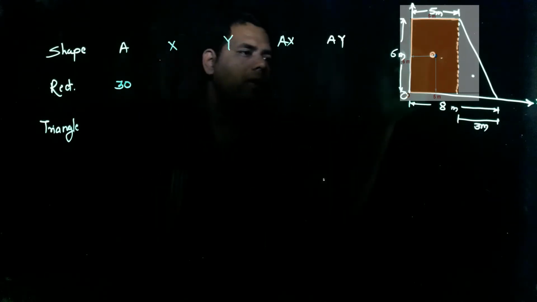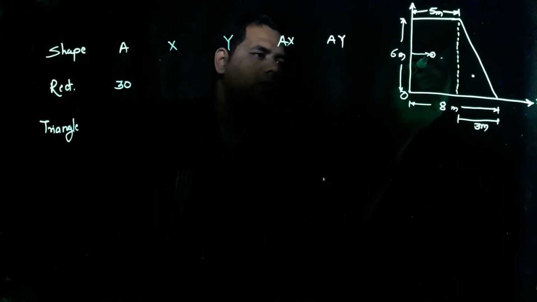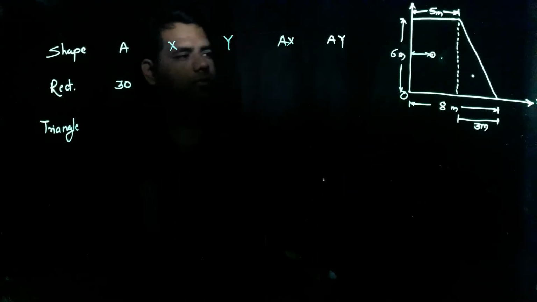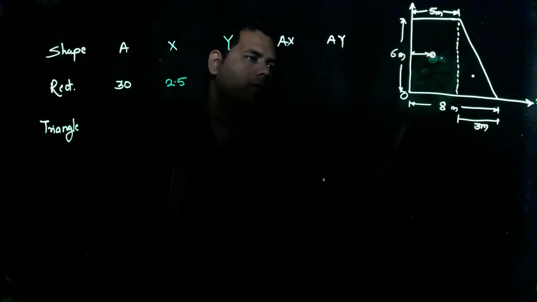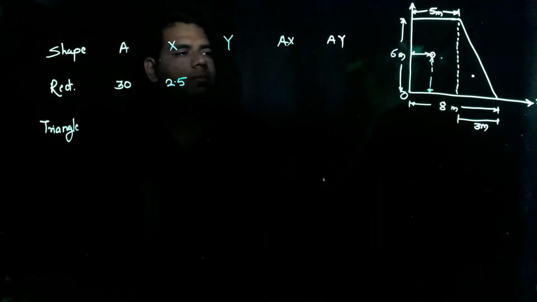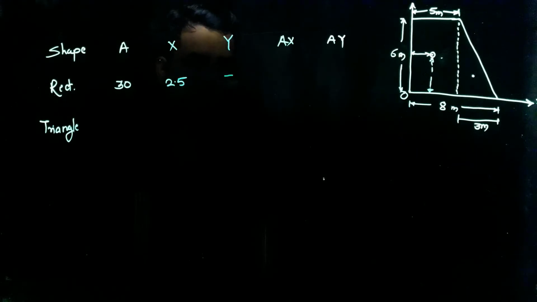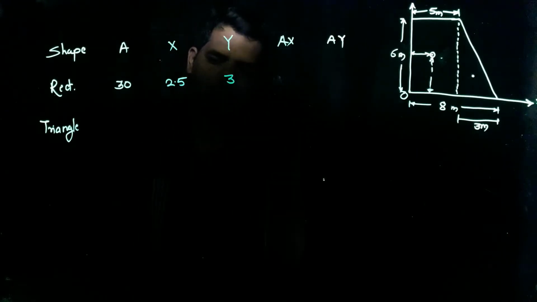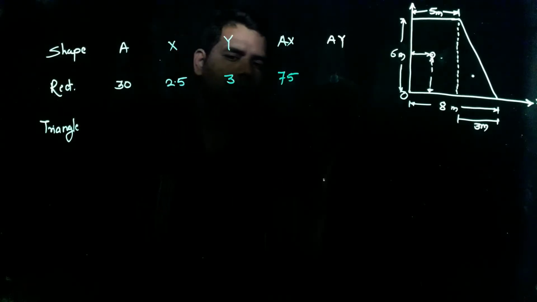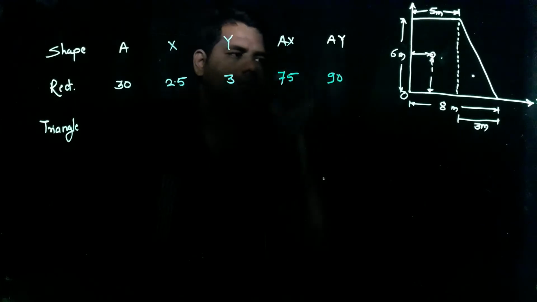X of the rectangle is half of the base, that is 2.5. Then y of the rectangle is half of the height, that is 3. Ax is 30 into 2.5, so that is 75. Ay is 30 into 3, that is 90.